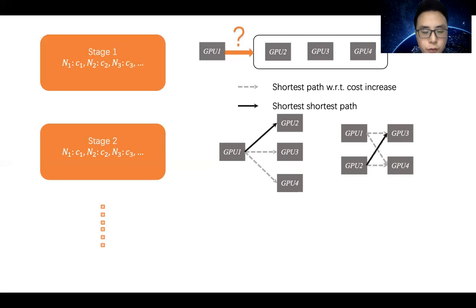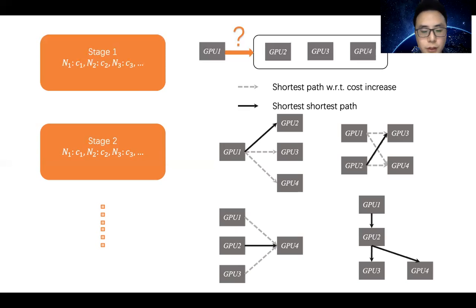Let's say it's from GPU2 to 3. Similarly, we run the shortest path again, and finally we get a spanning tree, which is the communication strategy of the vertex. The intuition behind the algorithm is that each time we extend our spanning tree to the GPU with minimal cost increase.